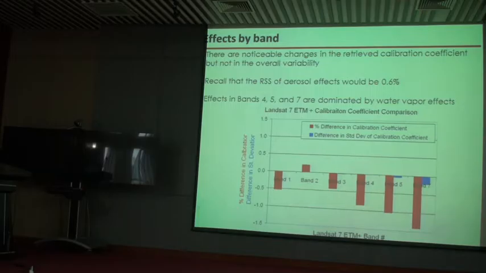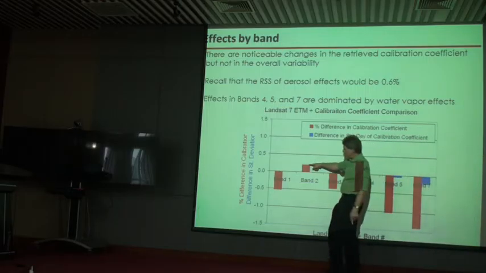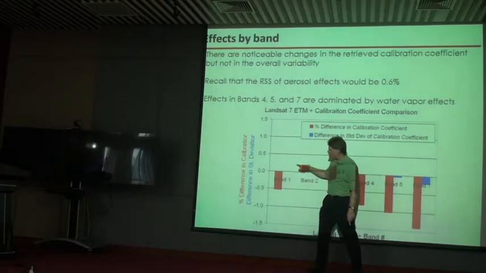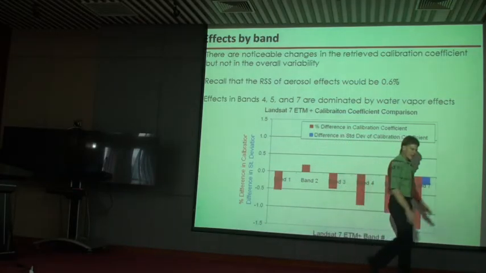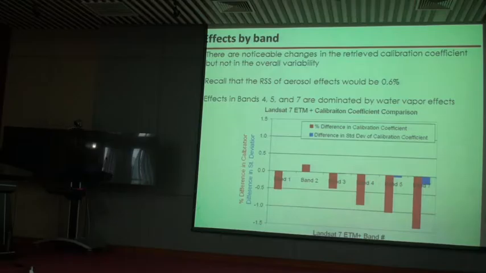I have an average water vapor amount. I have an average ozone amount. And I'm using the measurements of reflectance on each of the given dates, and I'm putting that into the radiative transfer code and computing a calibration. And on average, for band 2, I'm less than 0.25% different than if I did all of my measurements with the solar radiometer and processed them all through the system and did all that hard work.